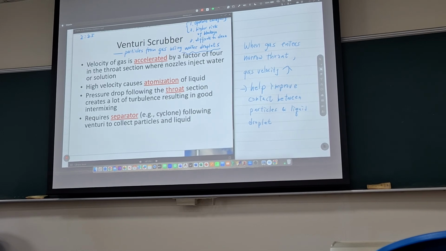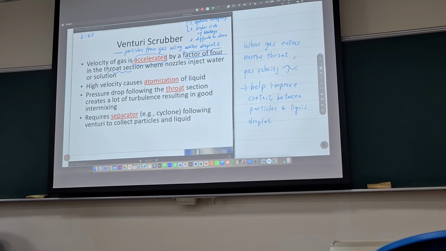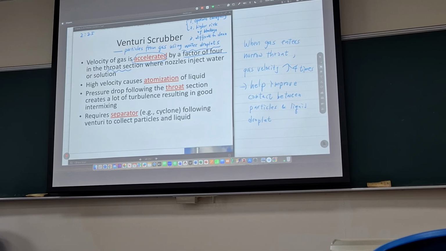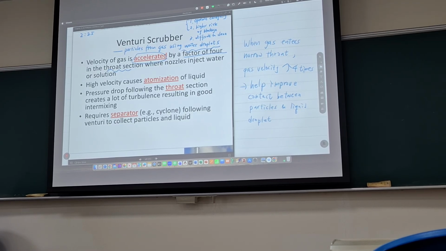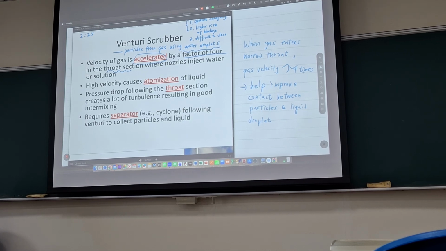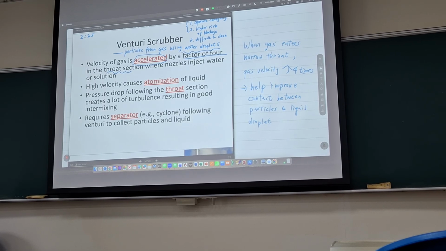Velocity accelerate means increase, by a factor of four times. Normally it increases to 4 times in the narrow section. So gas velocity increases 4 times in the narrow throat. And we want higher speed because the higher speed gas helps improve contact between particles and liquid droplets.